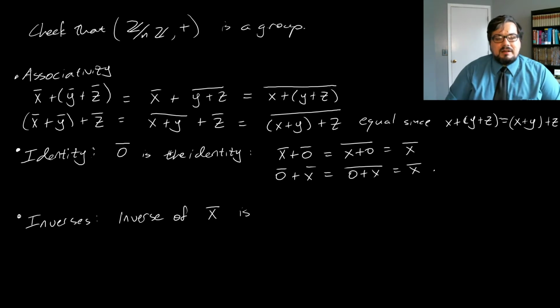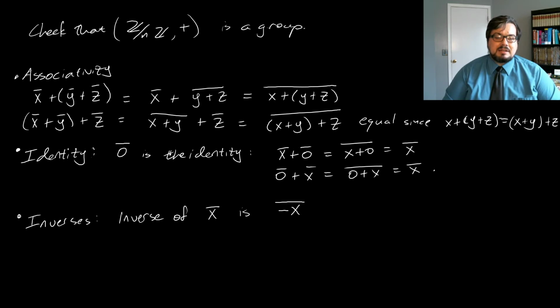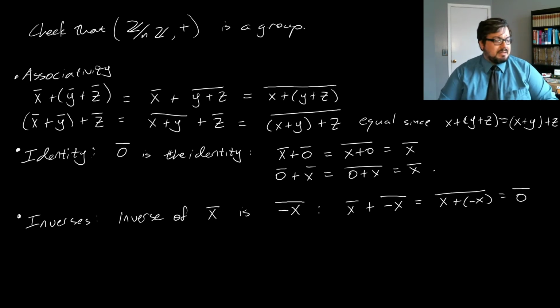The inverse of x under addition is negative x, the opposite of x. And the same thing is going to be true here when we go to the equivalence classes. So the inverse of x bar is the opposite of x bar. We can see this by seeing that x bar plus the equivalence class of negative x is equal to x plus negative x bar, which is the equivalence class of 0.